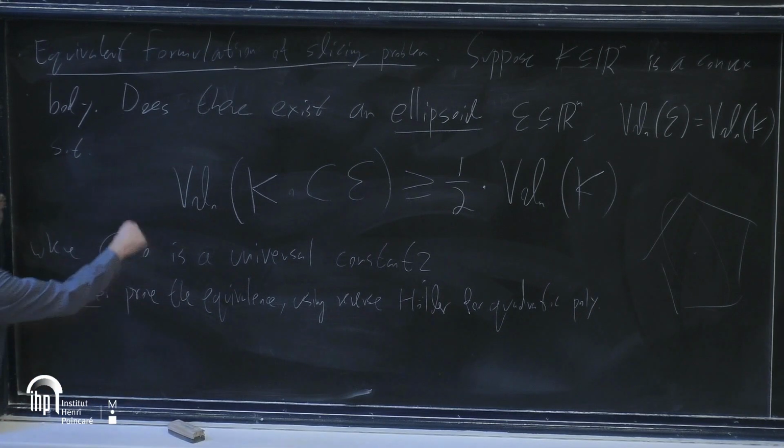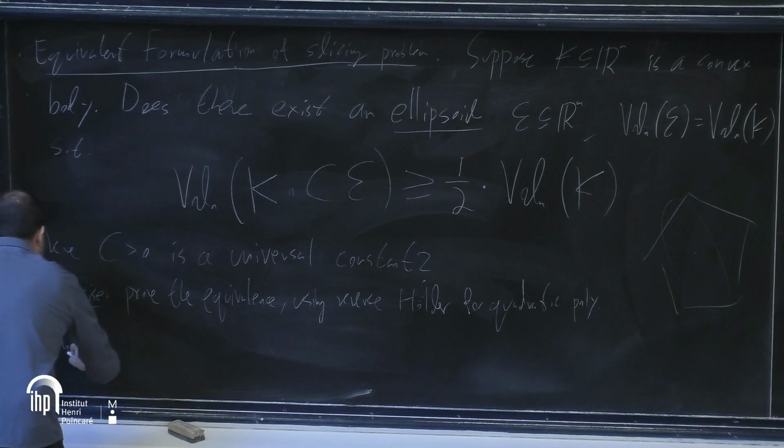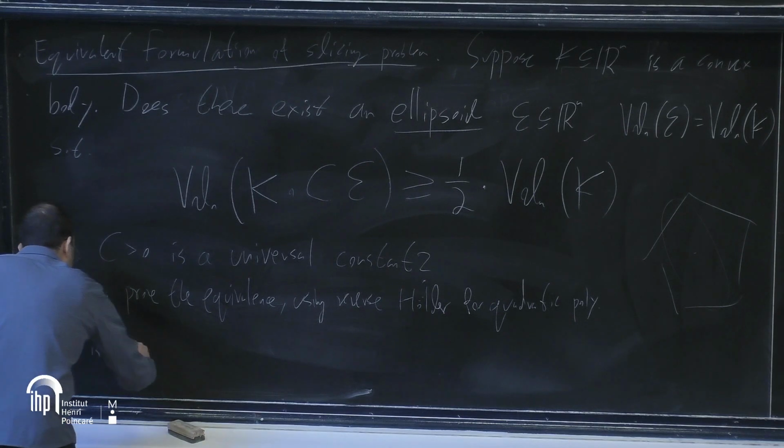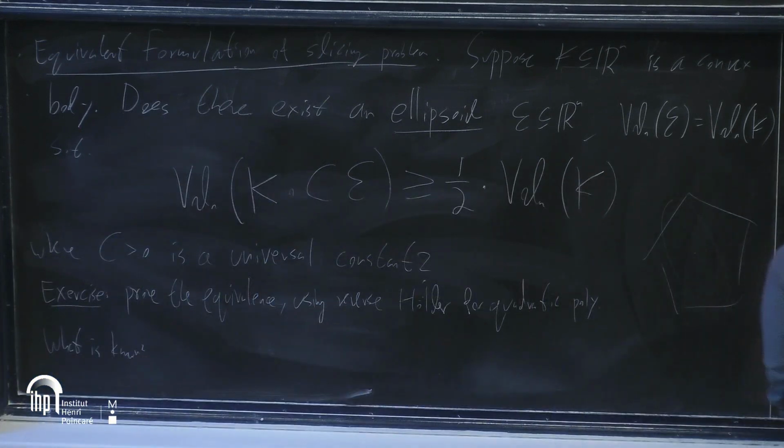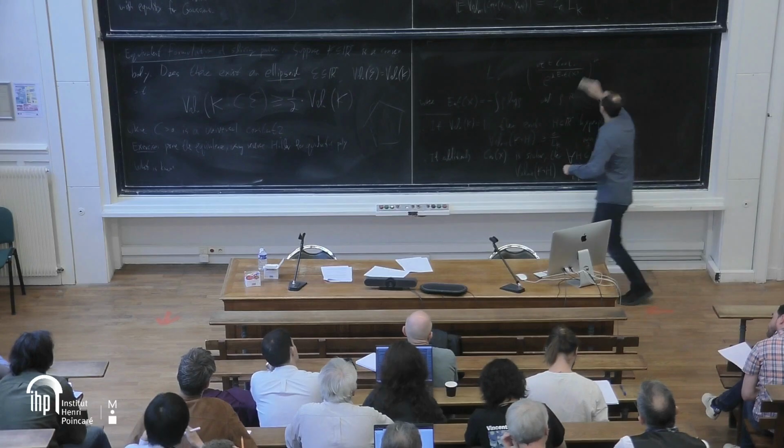And let me say what is known here. Some things are known. There is something called the Milman ellipsoid, which is a weak version of this conjecture, but it is a theorem.